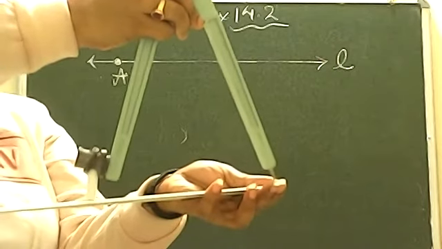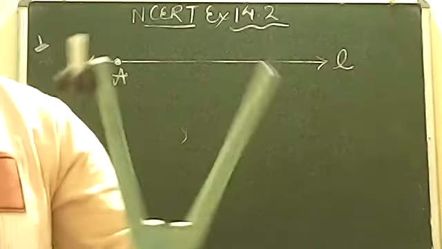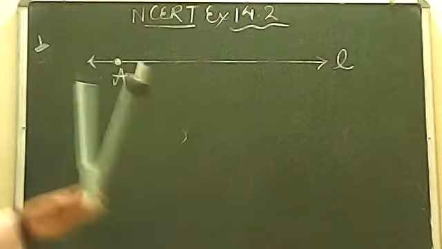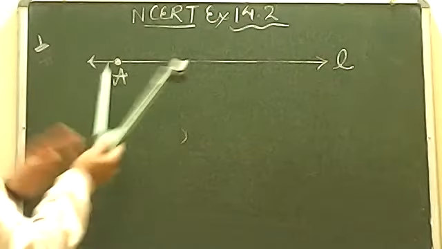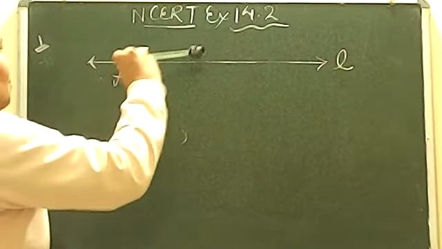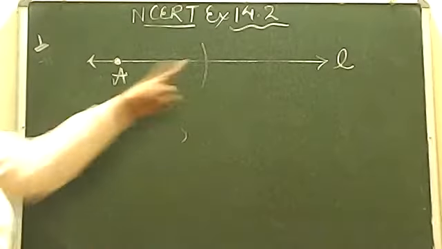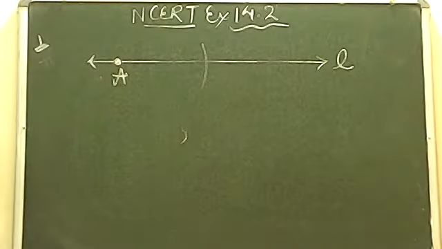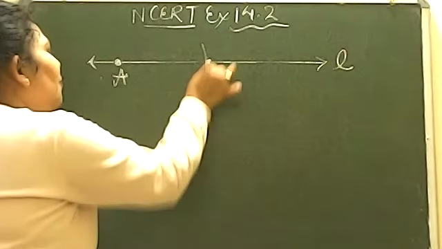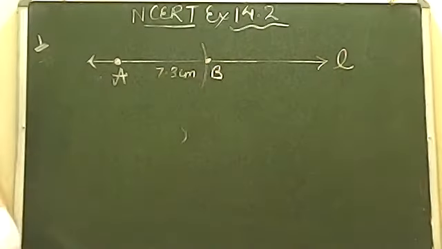Okay, after opening till 7.3, I will not move my compass any way, and then I will place my compass needle on point A and I will mark an arc over here. This is of 7.3 and then I will put a point here B. This is finished. This is 7.3 centimeter.